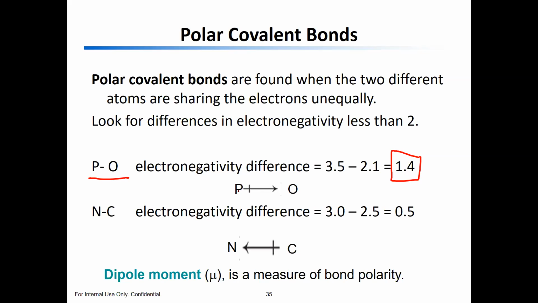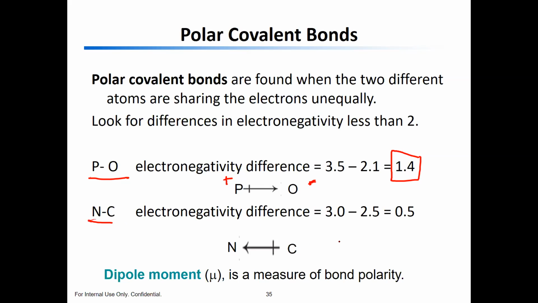One way to draw it is we draw a P, we put a plus sign there, and we put an arrow. Where the arrow is pointing is where the electrons are going. So electrons are going to be on this side. And you put a little plus sign there. What does that plus sign mean? That's the plus side, and the other side is the negative side. So this is the plus side. Where's the arrow pointing towards? Where the electrons are going, the negative side.